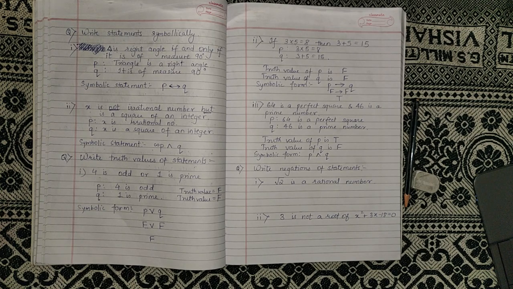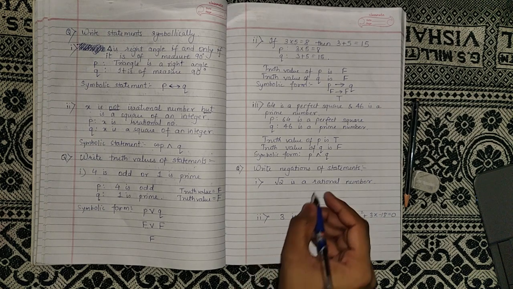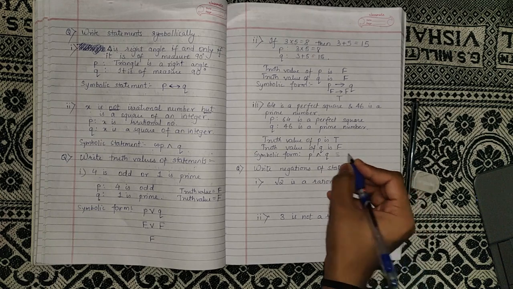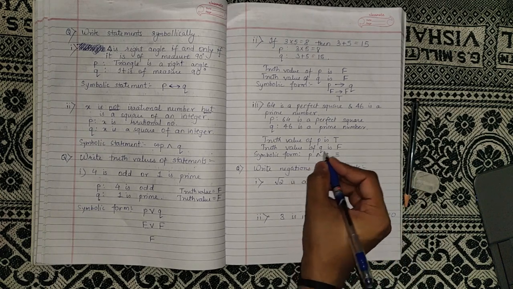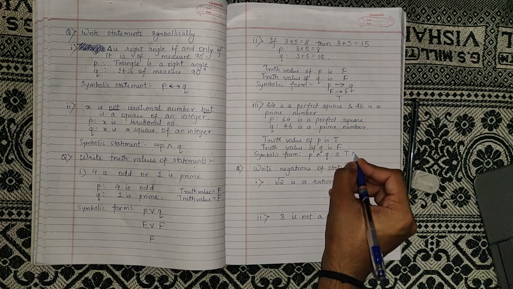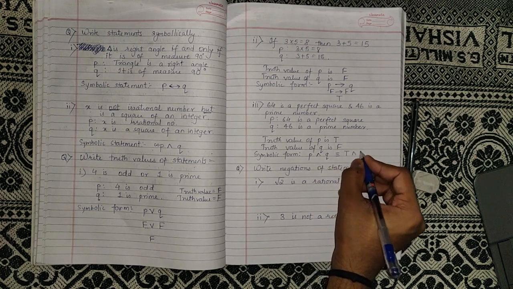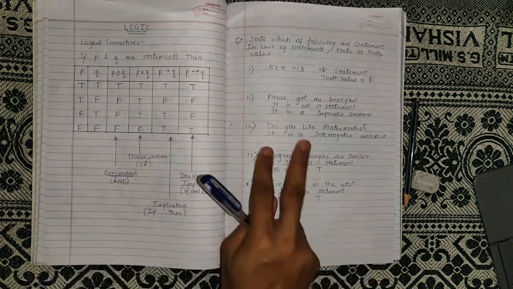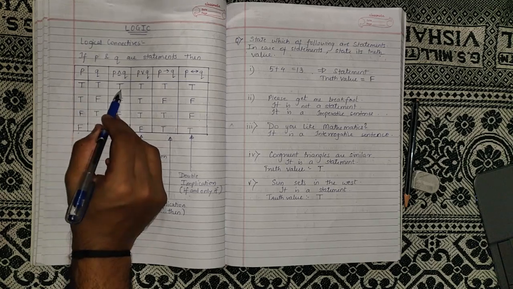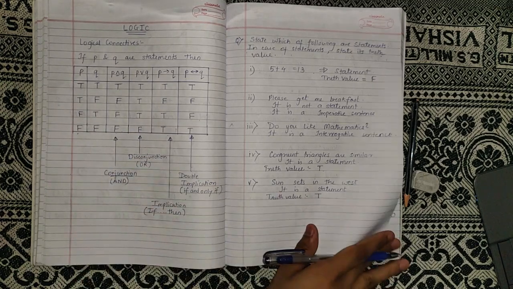Now we will substitute the values of P and Q. So we have a value of P as T and the value of Q is what? False. So in conjunction, as you know, if both statements are true, the conjunction statement is also true and the rest are false. You can check in this table: true, true and true, and the rest are false.